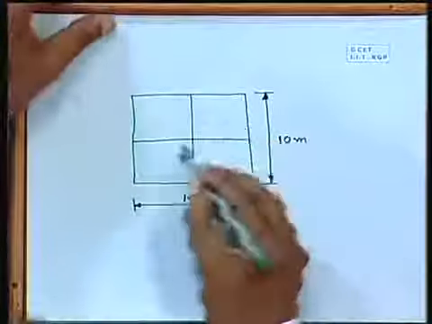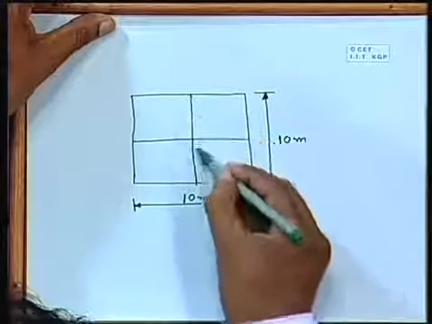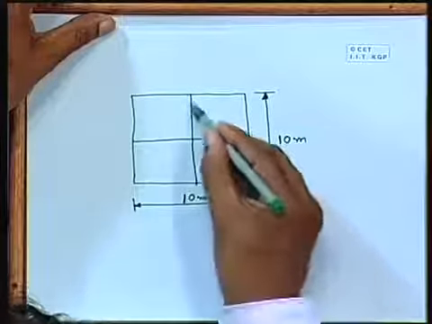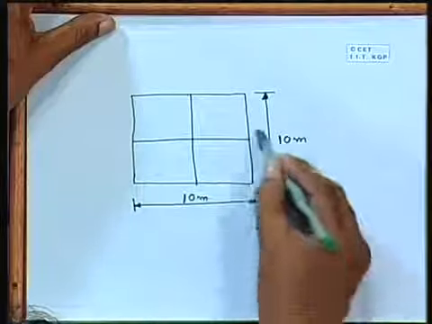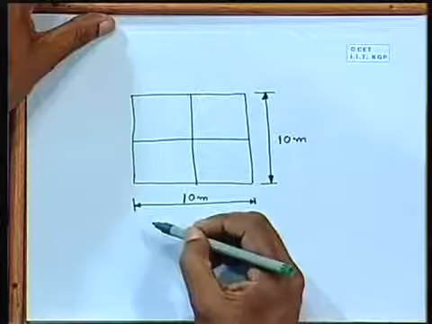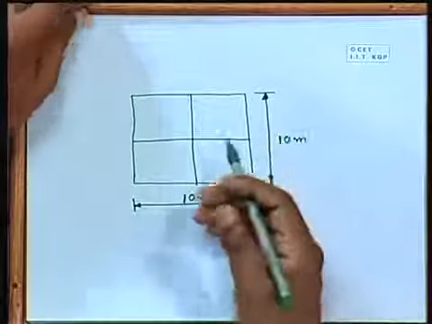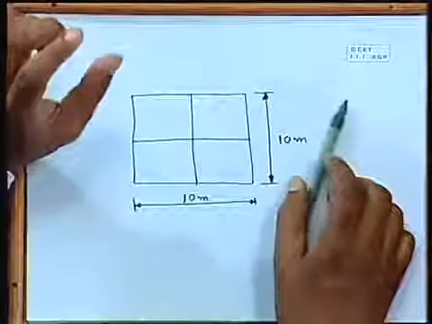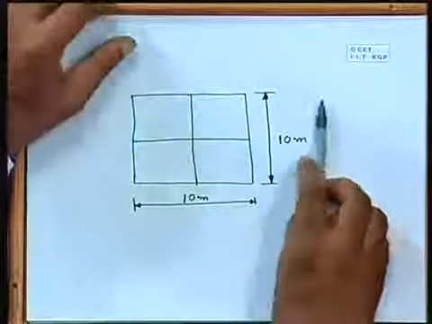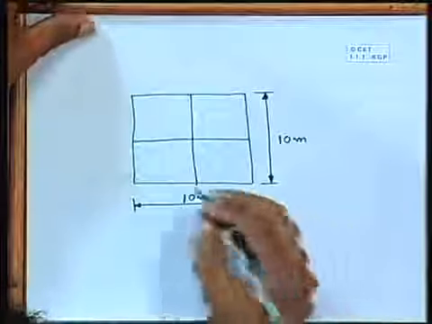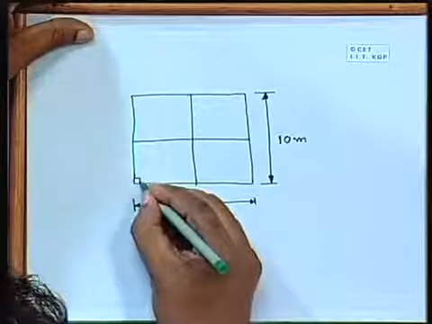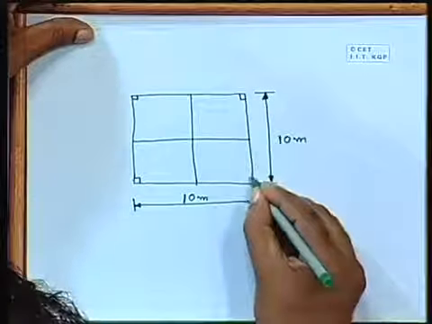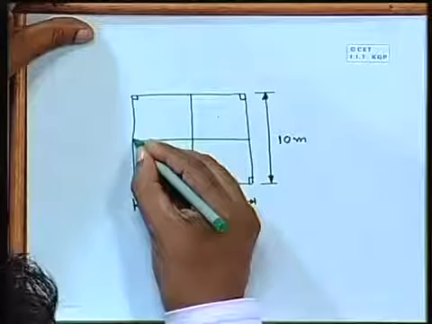That means if we put 2 beams here in addition to the 4 beams in the periphery, we can increase the stiffness and reduce the deflection, because deflection is also an important criterion. Now let us say we provide 4 columns like this, and also columns here.